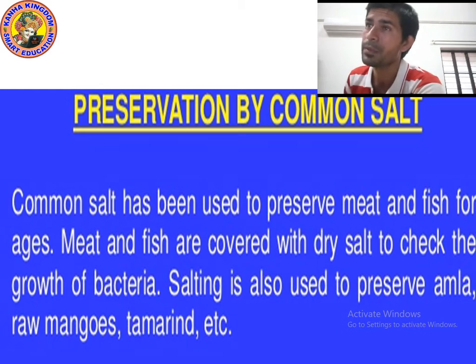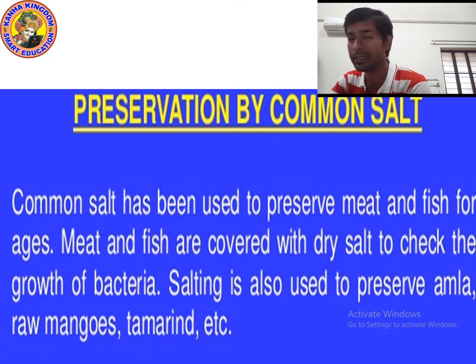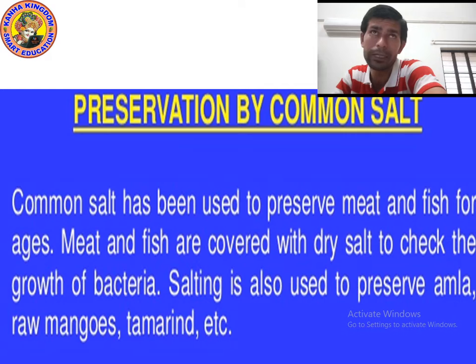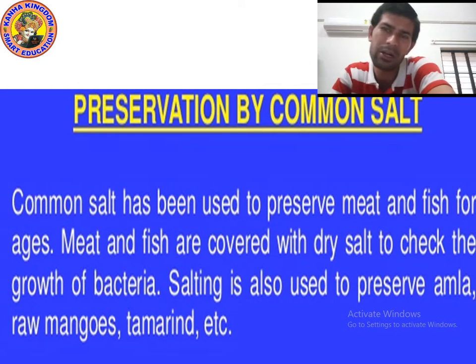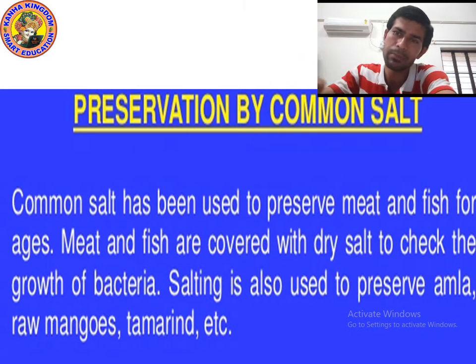Salting is also used to preserve amla, raw mangoes, and tamarind. We also use salt to protect amla, raw mango, and tamarind. It's not a difficult topic. It's very easy, you can easily memorize it. Now let's move on to the next slide.